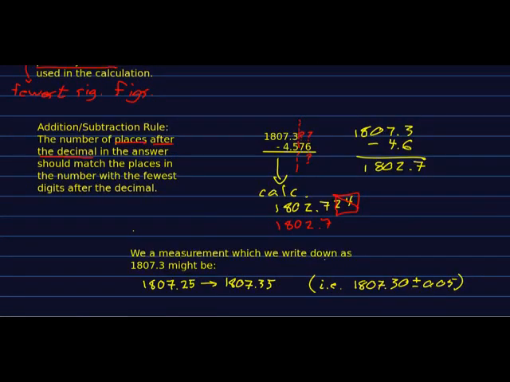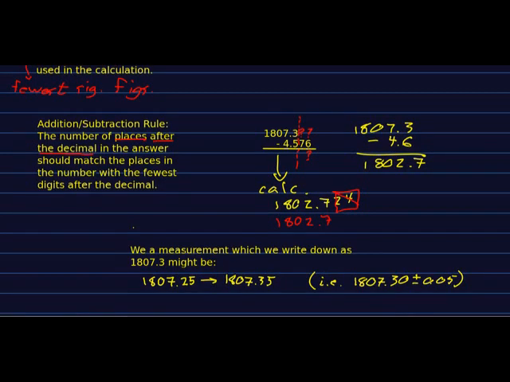So if we have a measurement and we've written it down as 1807.3, what it might be is a measurement where we believe the actual value lies in the range between 1807.25 and 1807.35, or what you would write down as 1807.30 plus or minus 0.05.